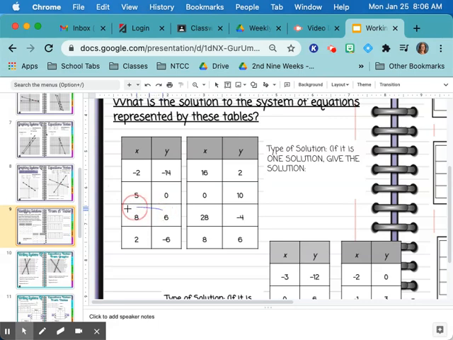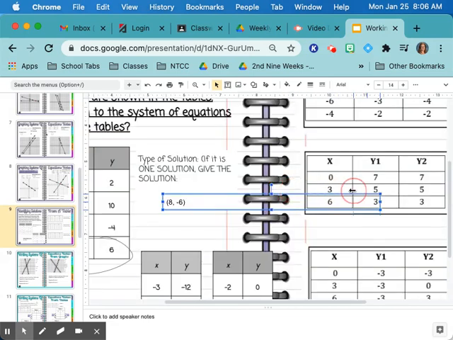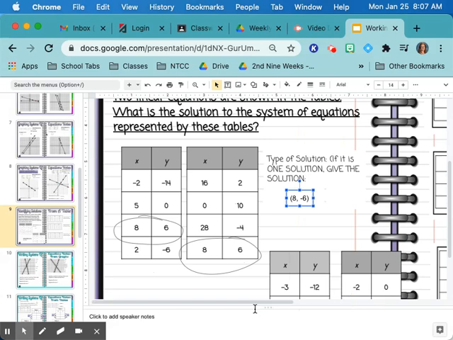So get your scribble tool, circle, and then we are going to write 8, 6, -6. So that would be our solution to the system.